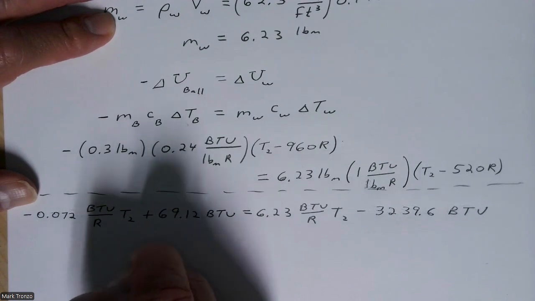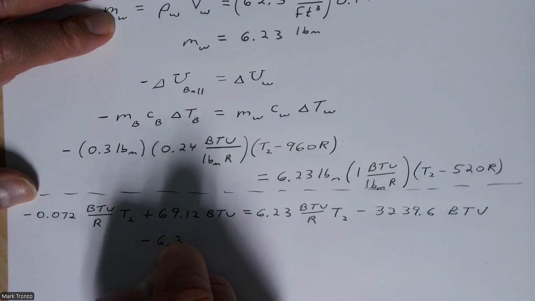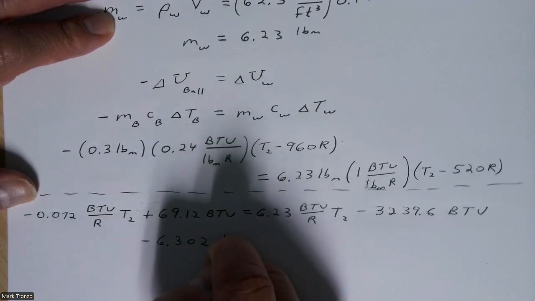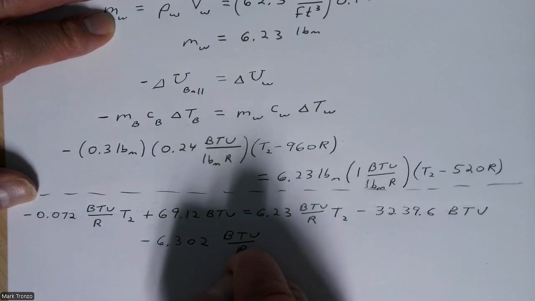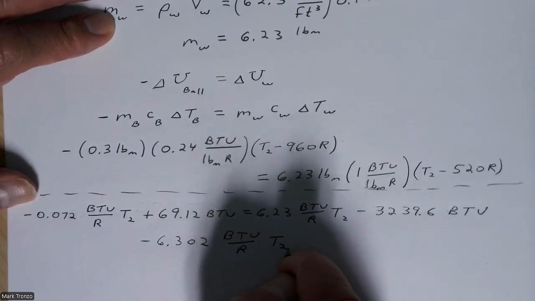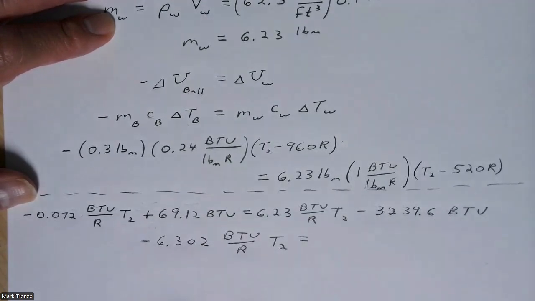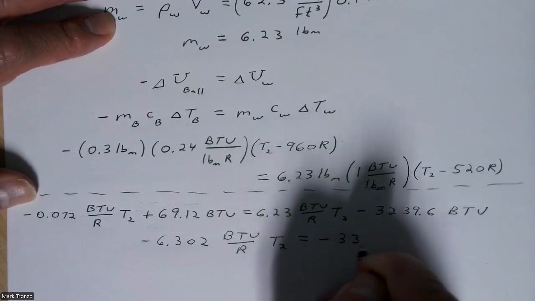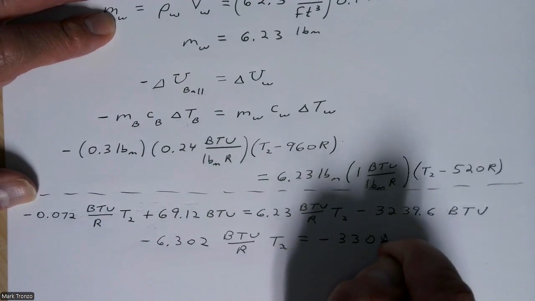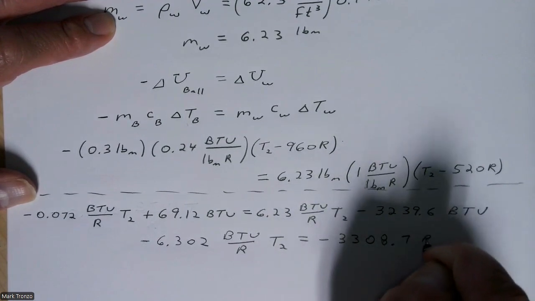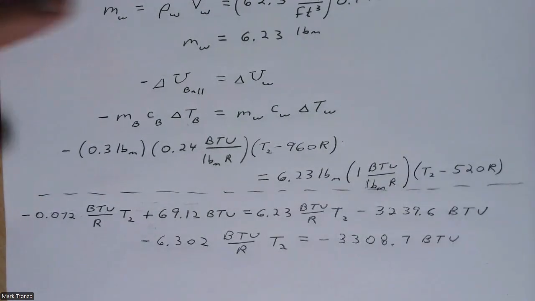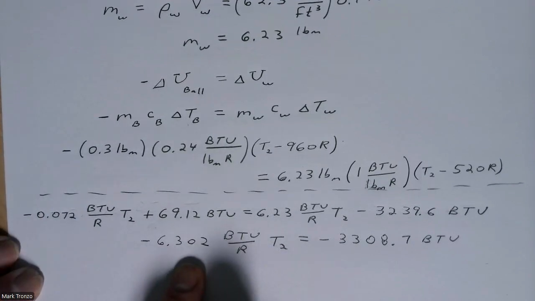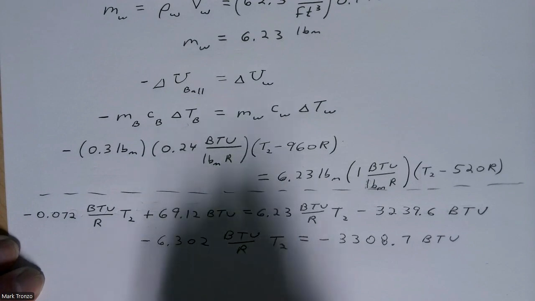And when we do that, on the left, we're going to get minus 6.302 BTU per R times T2. And we put the constants together. We'll end up with minus 3308.7 BTU, like this. And we divide both sides by 6.302.